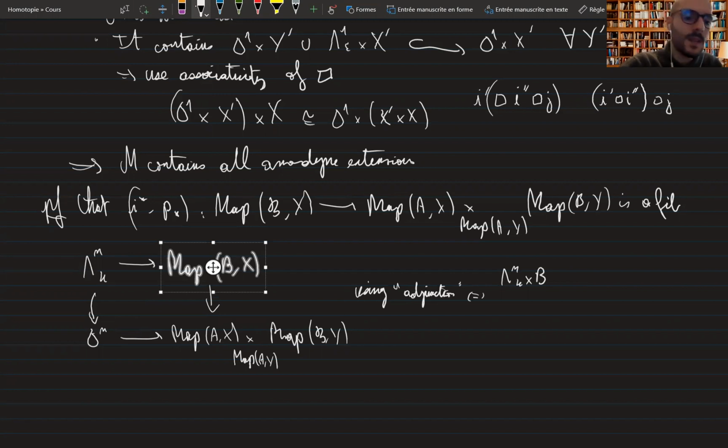First of all, when you restrict to lambda nk, then you get your map from Bx that you had before. And second of all, when you post-compose by the map P, then you get the map from By that you had before. And when you pre-compose by I, then you get your map from Ax from before, right? So essentially, I'm saying that to commute here, it's one condition. To commute here, it's two conditions, right? You have to land in the correct thing here and here. And so in the end, it means that you want to find a lift like this.